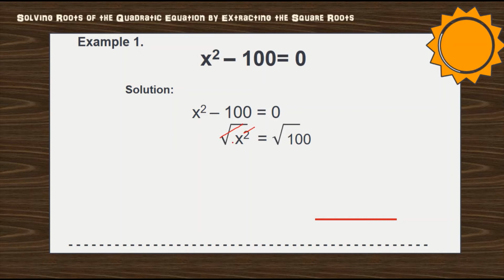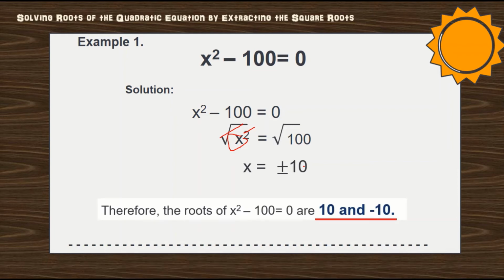Ang matitira ay x. So, we have x is equal to the square root of 100, which is positive and negative 10, under ng square root property. So, therefore, the roots of the given quadratic equation are 10 and negative 10.